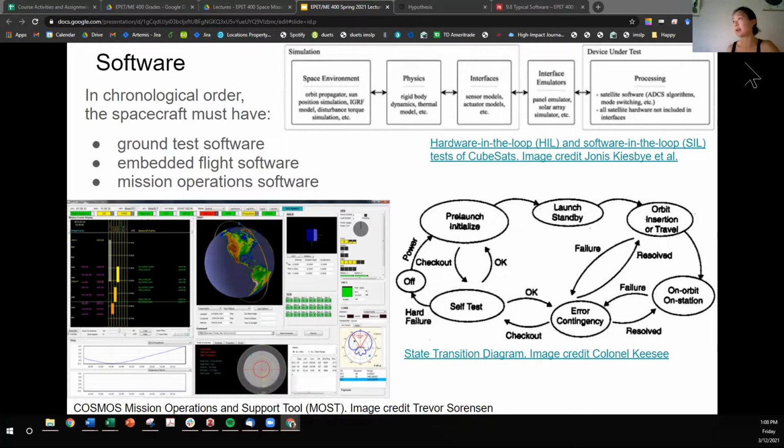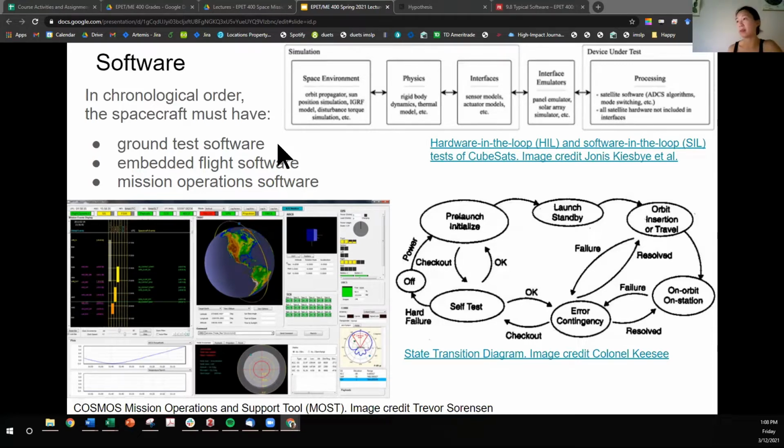There's a ton of ground test software that is not just simulation or interface emulators. It can be a bunch of isolated component tests, subsystem, and system tests. And this kind of software stays on the ground.